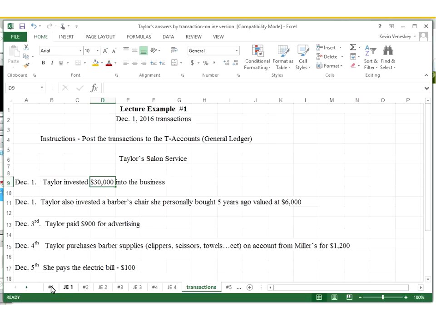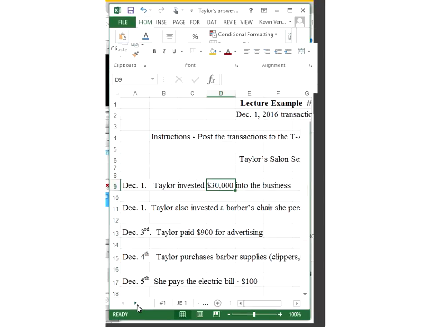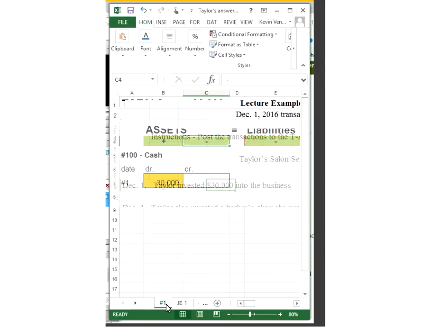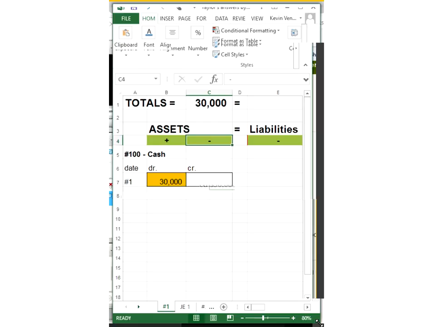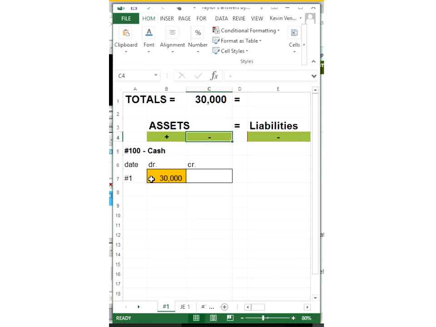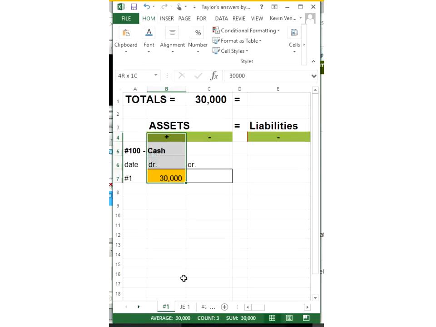And for accounting terminology, money is cash. So what's going to happen here is I'm going to debit my cash. So my very first transaction here, under the assets, I'm going to increase, because it's on the plus side, that's the normal balance. I'm going to increase my cash by $30,000 because that's what the business got.